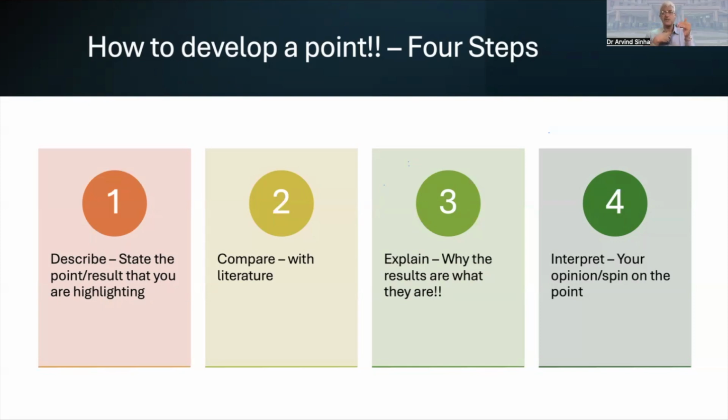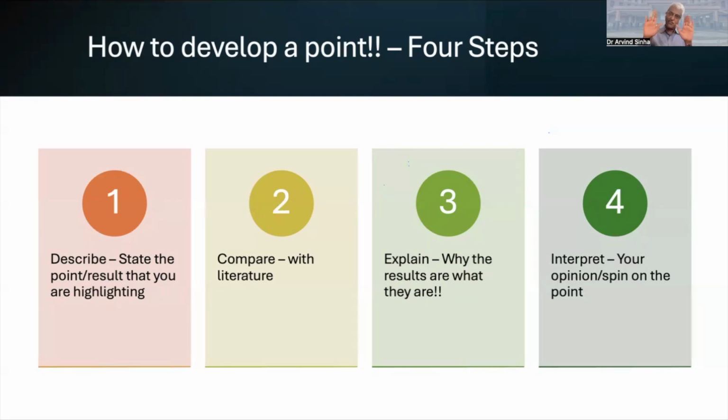It's traditionally been done in four discrete steps. The first step is to describe the result that you are highlighting. The first line should describe the result that you're highlighting. Once you've described the result, you have to compare it against the literature.